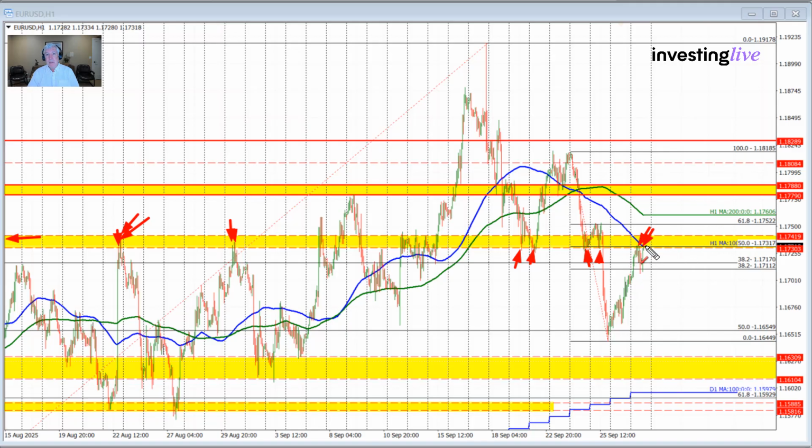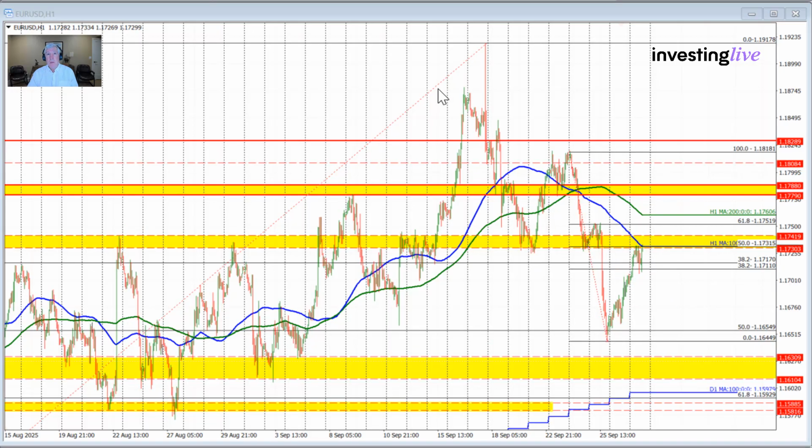If the price is able to get above the 100-hour moving average, 50% retracement, then get above the 1.17419, the next target would be coming up here toward the 200-hour moving average, most likely. Alternatively, if sellers lean against this level, look for a rotation back to the downside in this pair as the corrective action of this move to the downside over the last couple of weeks or so continues to play out.